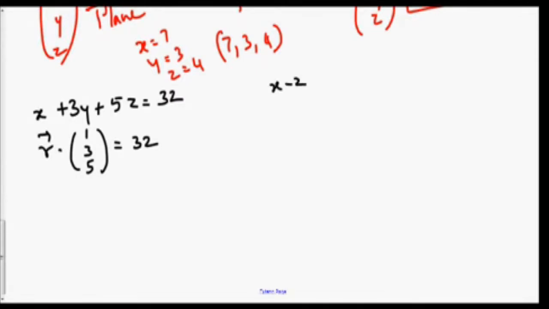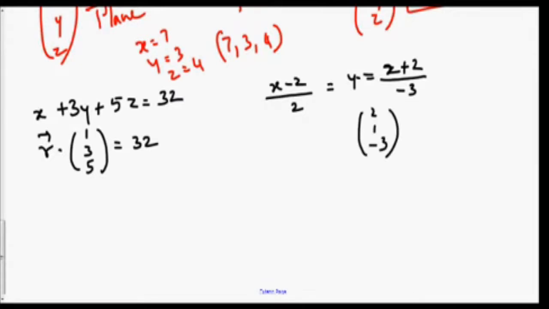And if the equation of the line is this, z plus 2 over minus 3, then the direction vector is actually 2 1 minus 3, because you can take this as y minus 0 over 1. And the point A would be 2 0 and minus 2. It is got from these points.